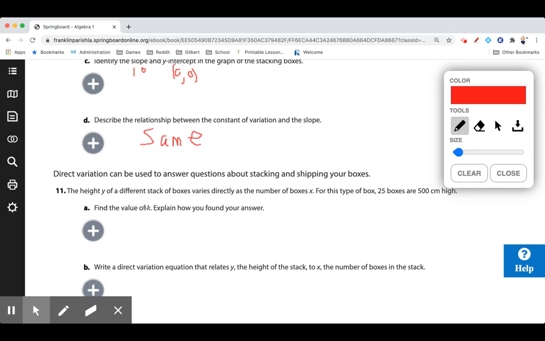So that's how we're going to find k here. Which one of these is our y and which is our x? The height is y, 500, and the number of boxes is x. It tells us that in the problem. 500 divided by 25.